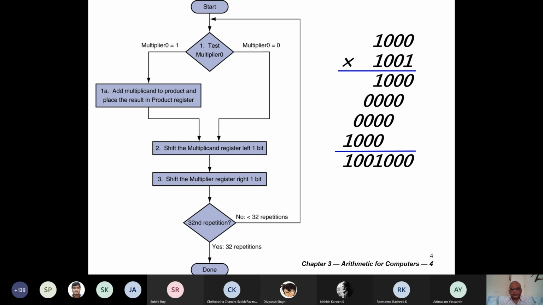So again, this is the flowchart, and we can just try with this example here or any other example just to convince how it works.